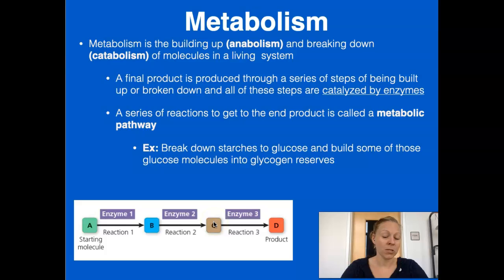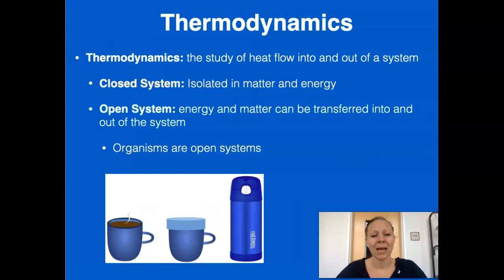It is a few more steps than this to get to these points, but I'm hoping that you are getting this understanding that we have molecules and enzymes are going to be doing the jobs of breaking things down and building them up. And we have these steps, reactions of molecules as they change from A to B to C to D. And so that is an understanding or a breakdown of our metabolism.